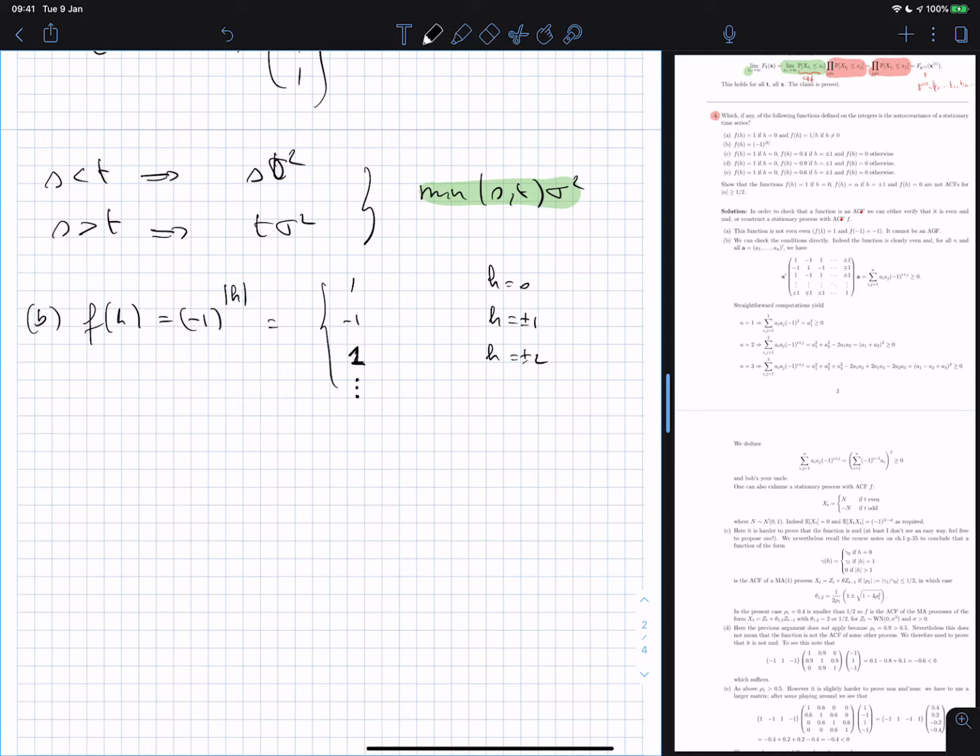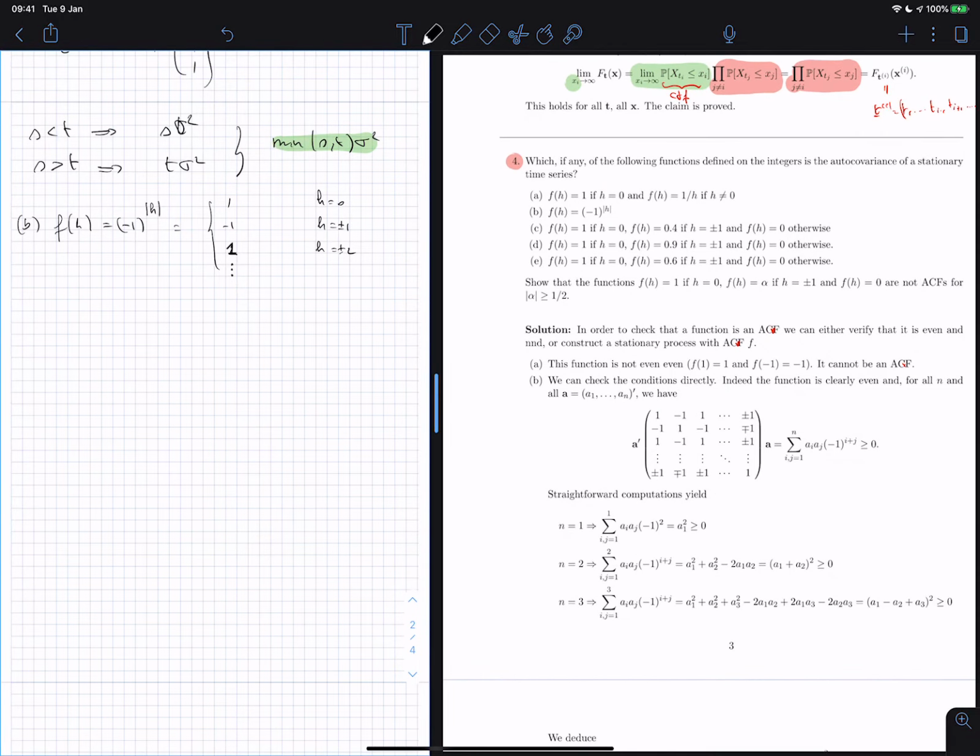So we're applying theorem 1.38. In order to show that this is a covariance function, we need to either show that it is even and non-negative definite, or we have to find a stochastic process which has this as its covariance. So maybe I'll start with the second part.